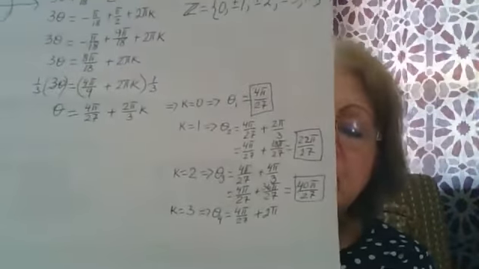I even do not want to continue to find the form for this angle. I'm stopping here, and now I'm going to write the solution set. The solution set is having 4 pi over 27, comma, 22 pi over 27, comma, 40 pi over 27.